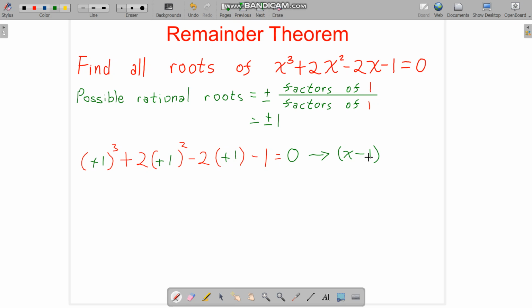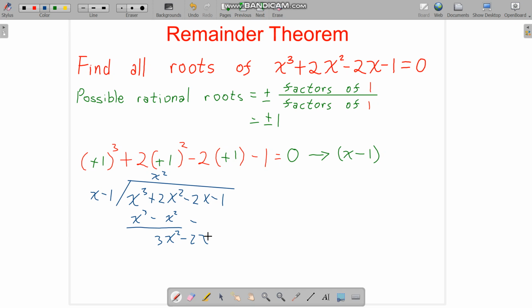Now let's do polynomial long division. x cubed plus 2x squared minus 2x minus 1 divided by x minus 1. We have x squared. Here we have x cubed minus x squared. Subtract, we get 3x squared minus 2x.